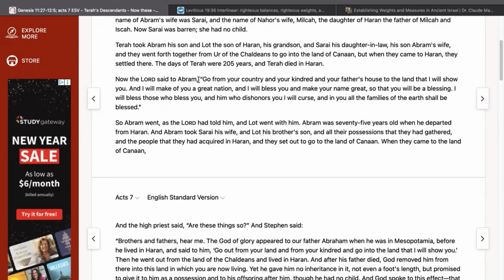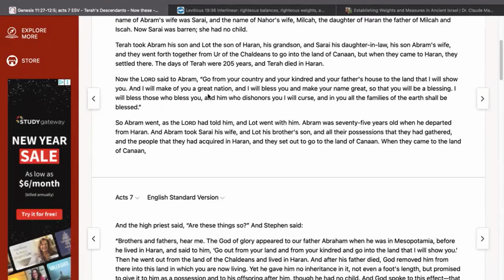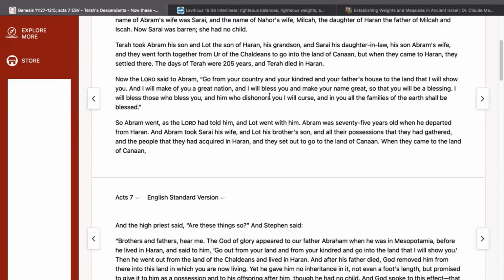Because if we read it, it says, "Now the Lord said to Abram, go from your country and your kindred and your father's house to the land that I will show you, and I will make of you a great nation, and I will bless you and make your name great, so that you will be a blessing, and I will bless those who bless you, and him who dishonors you I will curse, and in you all the families of the earth will be blessed."